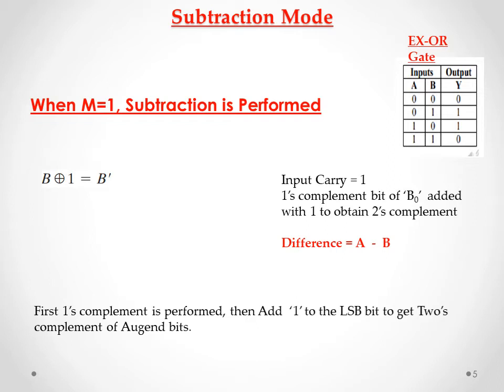When M is equal to 1, subtraction is performed. How is subtraction performed? When M is equal to 1, B is exclusive-ORed with 1, which is equal to B bar. Then this 1's complement value is added with 1 to get the 2's complement answer. So now the full adder will perform the subtraction operation.